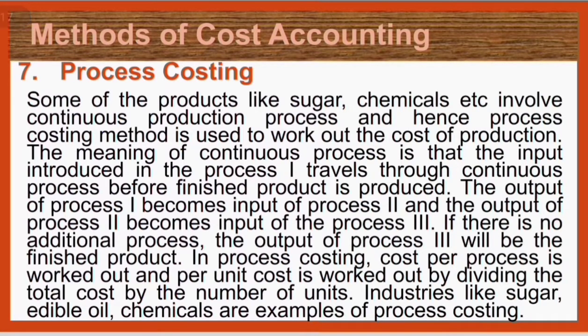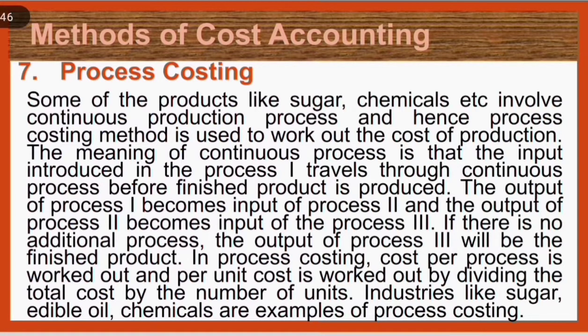involve a continuous production process and hence the process costing method is used to work out the cost of production. The meaning of continuous process is that the input introduced in process 1 travels through a continuous process before the finished product is produced. The output of process 1 becomes input of process 2 and the output of process 2 becomes input of process 3.